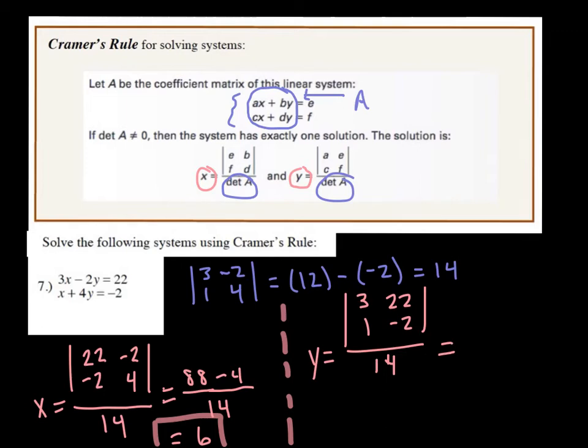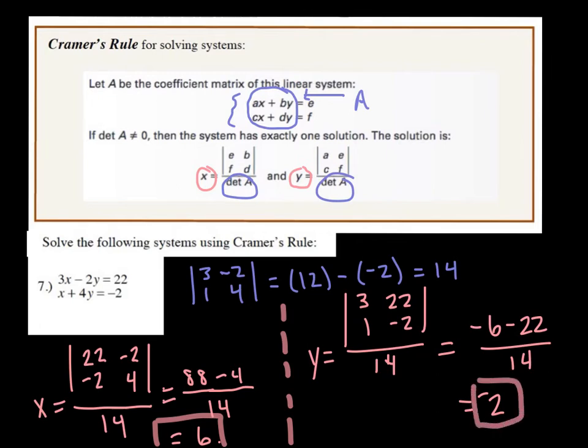So this becomes 3 times -2, which is -6, minus 22 over 14. So -6 minus 22 is -28, divided by 14 gives us -2, not +2.